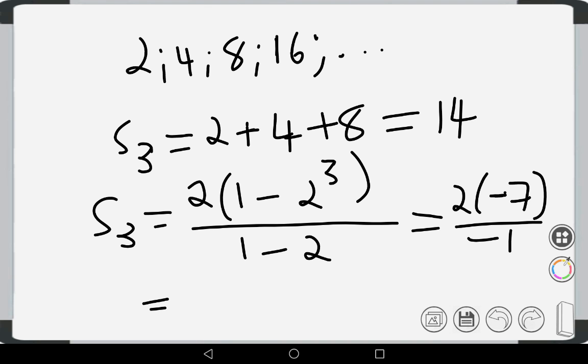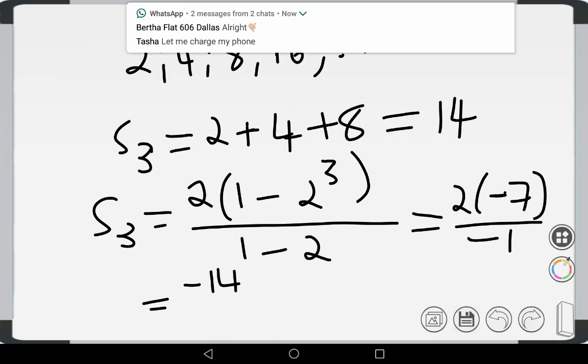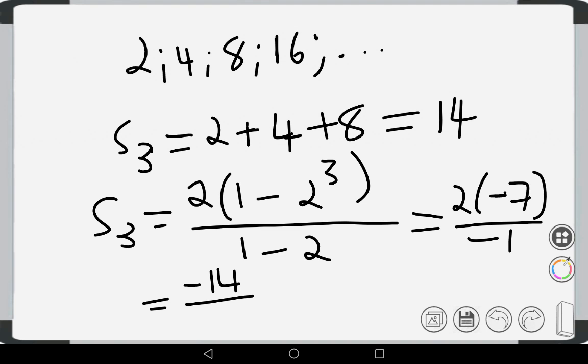So we have minus 14 over minus 1, which equals 14. You can see that the answers are the same, so the formula works properly.